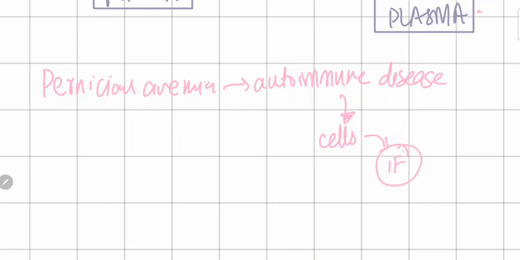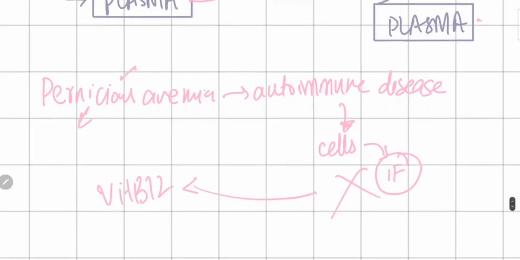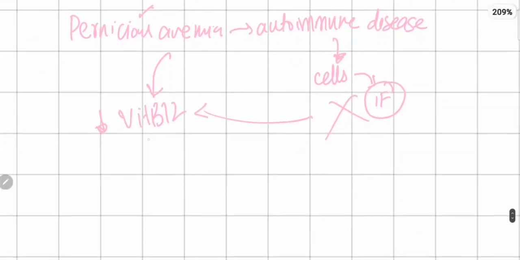So actually in pernicious anemia, there is no intrinsic factor. Even though you have ample amount of B12, but you don't have intrinsic factor, they won't bind. And this pernicious anemia is then going to cause a vitamin B12 deficiency, and that is going to cause megaloblastic anemia.